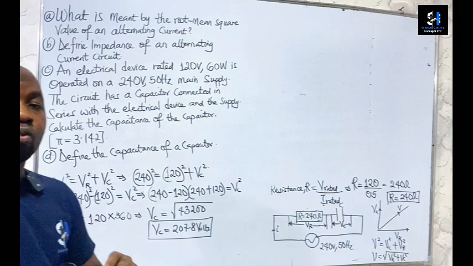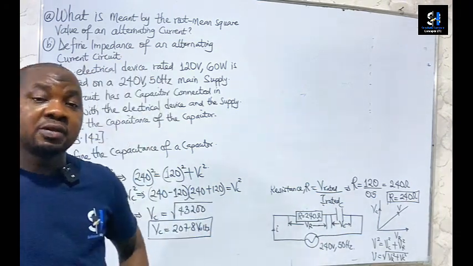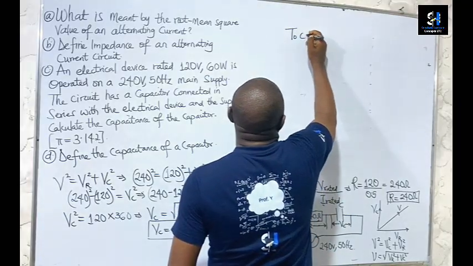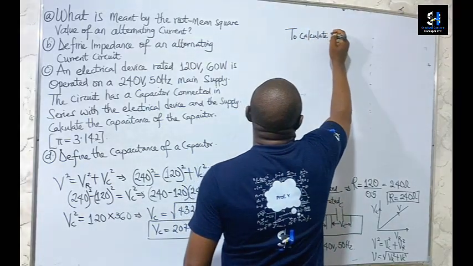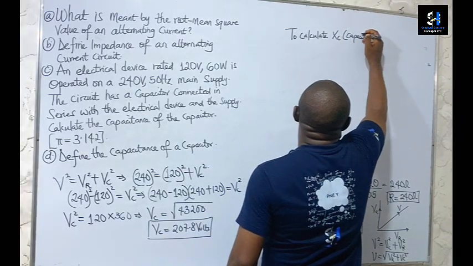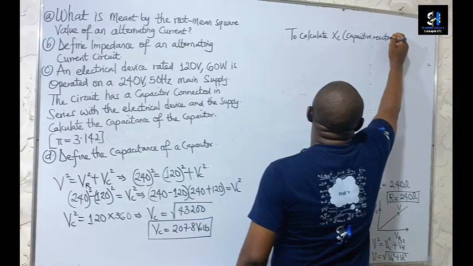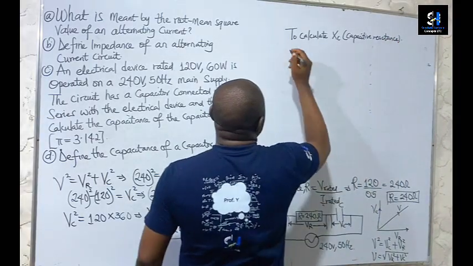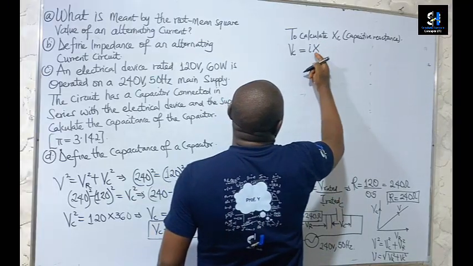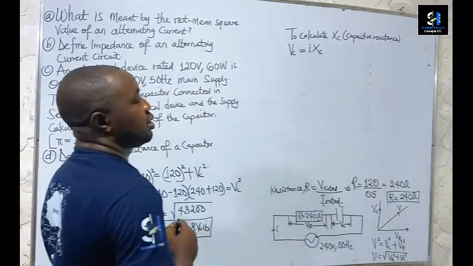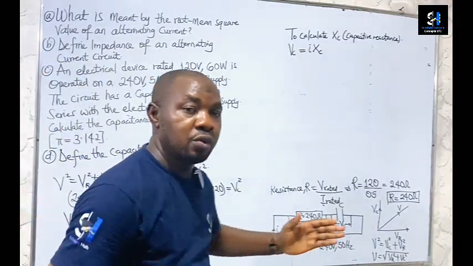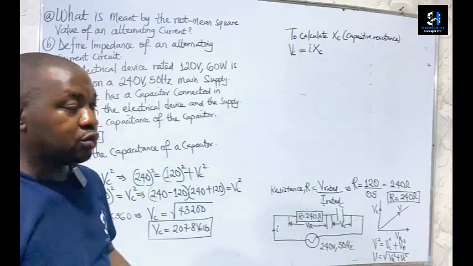Now we need to calculate the capacitive reactance, XC. We know that the voltage across the capacitance will be I times the capacitive reactance. And let's not forget that in a series circuit, the same current will flow through the entire circuit combination.